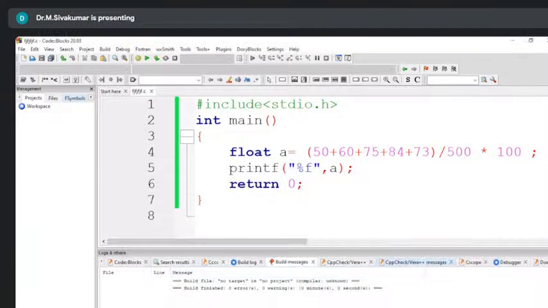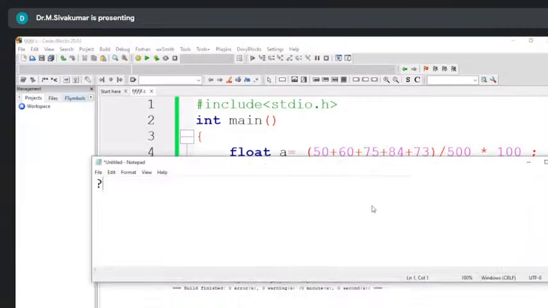The thing we have to make them understand is, just imagine I have a division operator. If I'm taking my numerator as an integer and my denominator as an integer, what may be the answer? Automatically everybody will have a thought.